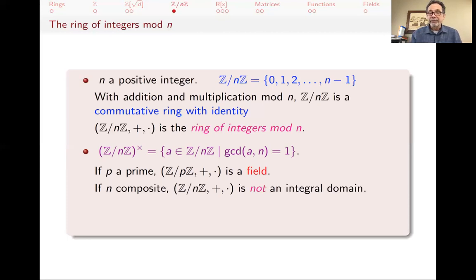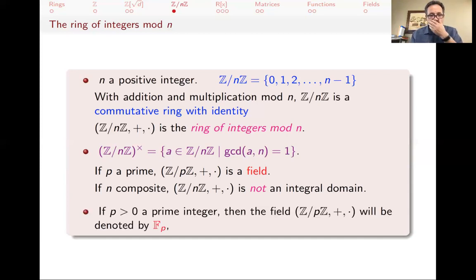But if n is composite, Z mod nZ is not even an integral domain, so there's nothing in between. You either have a field where n is a prime, or you have a composite n and then you have zero divisors. The reason is pretty clear. If n is composite, you can factor it, and those two factors multiplied will give you 0 in Z mod nZ. So in Z mod 6Z, for example, 2 times 3 is 0. So 2 and 3 are both zero divisors.